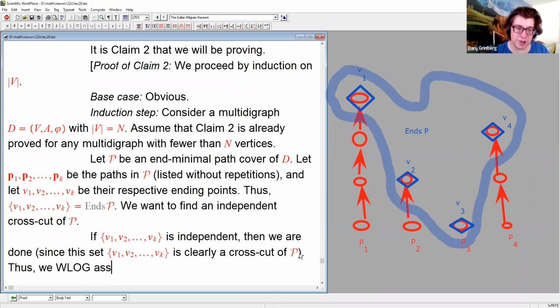So without loss of generality, we assume that this is not the case.